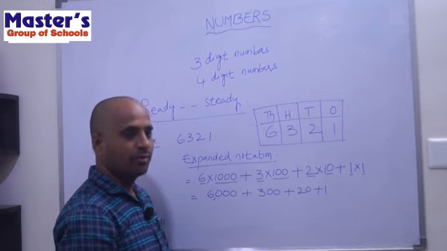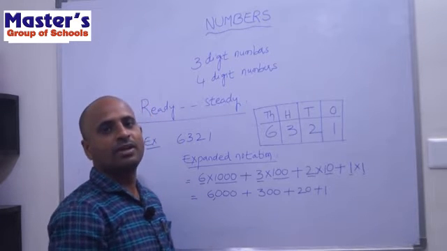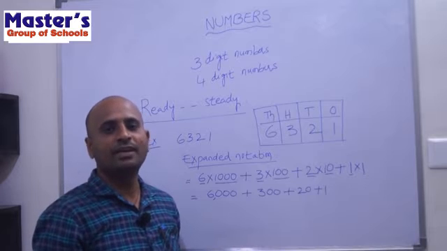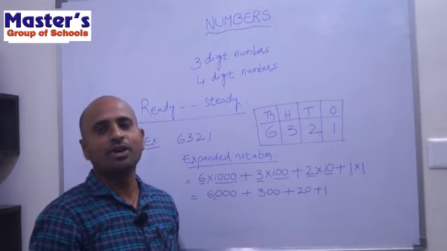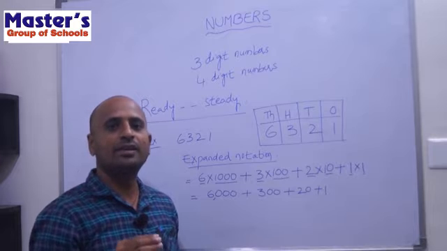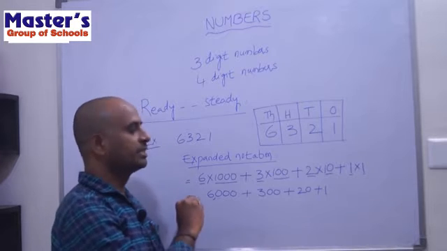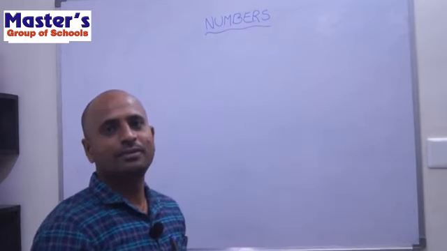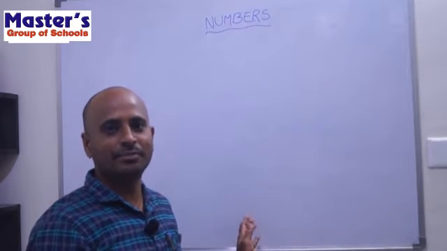Now in 4th class we will learn about 5-digit numbers and 6-digit numbers, and how to write the expanded notation and the number names for them. Okay, so this is the Ready and Steady part.